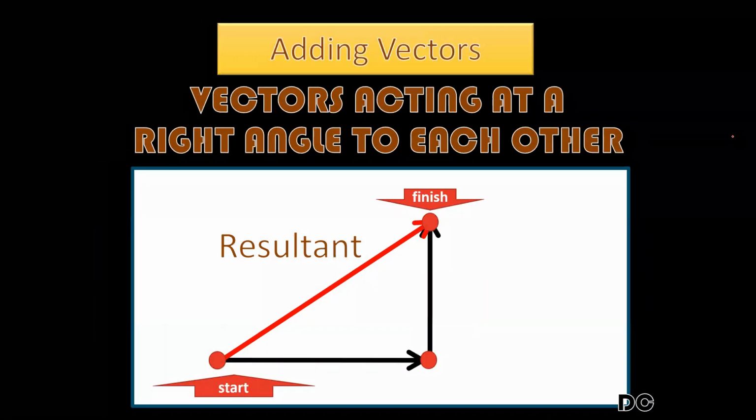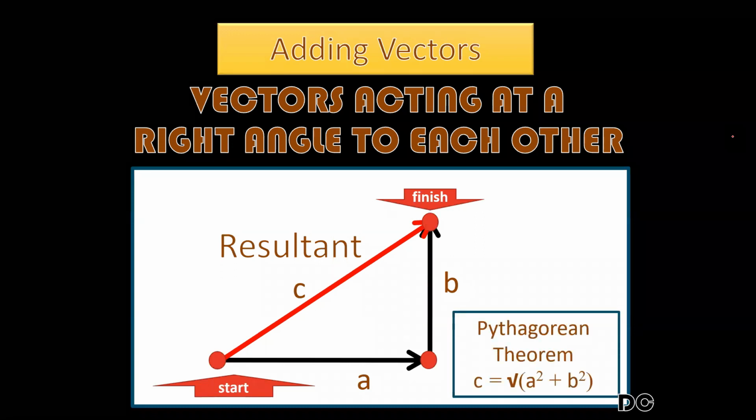So the Pythagorean theorem is: if the resultant is the C side, then C is equal to the square root of A squared plus B squared. That is the Pythagorean theorem.